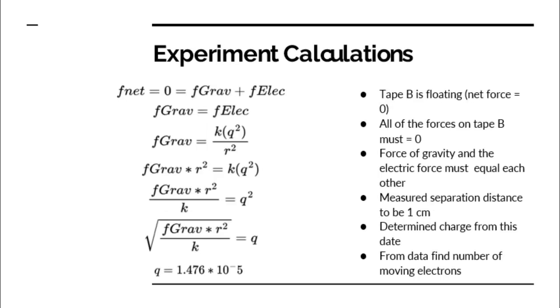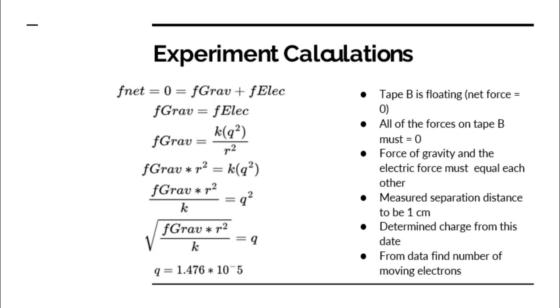We have the calculations I did to finish the lab. We know the net force equals 0 on the upper piece of tape because it wasn't moving, it was levitating in the air. That means the gravitational force and the electric force from the tape beneath it must equal each other. So we can set the force of gravity equal to the electric force, and break the electric force down into q squared over r squared.